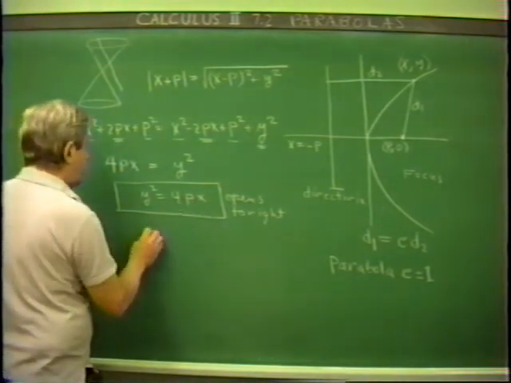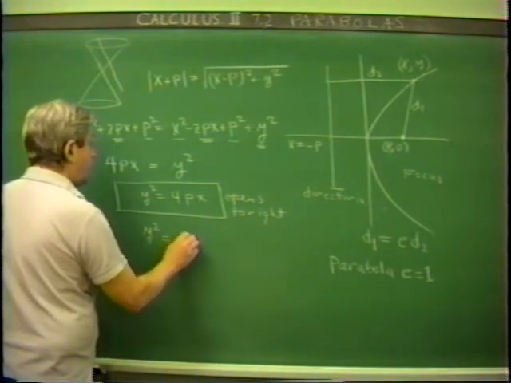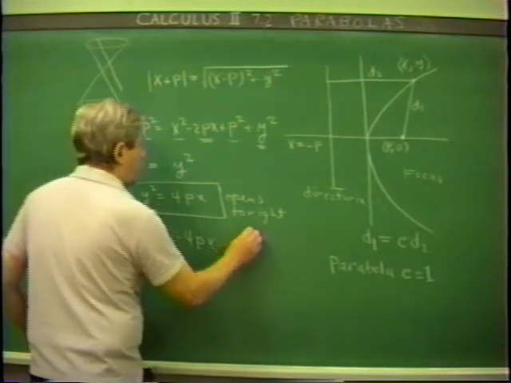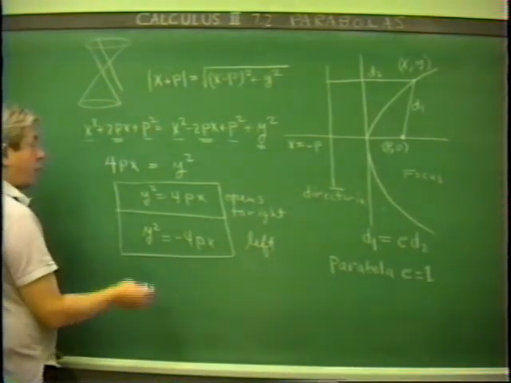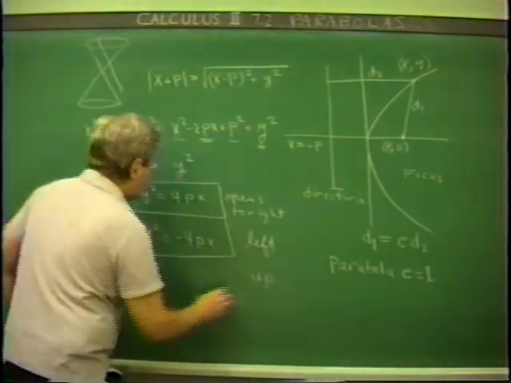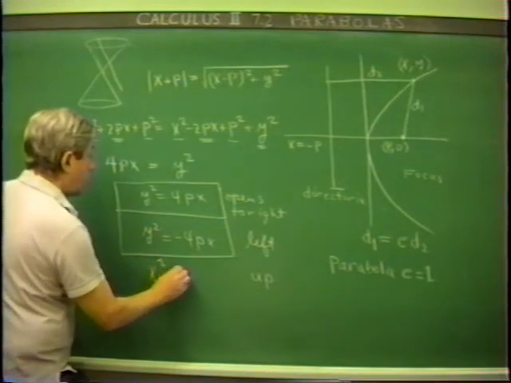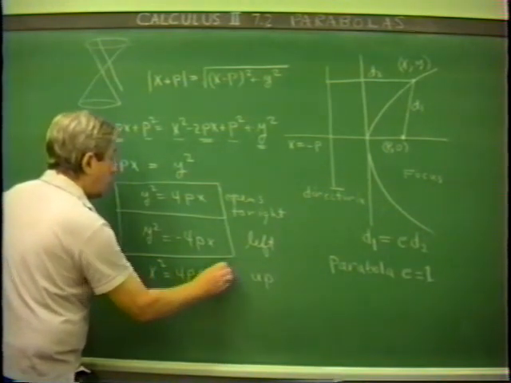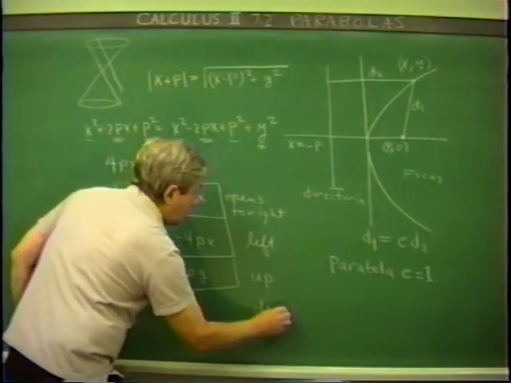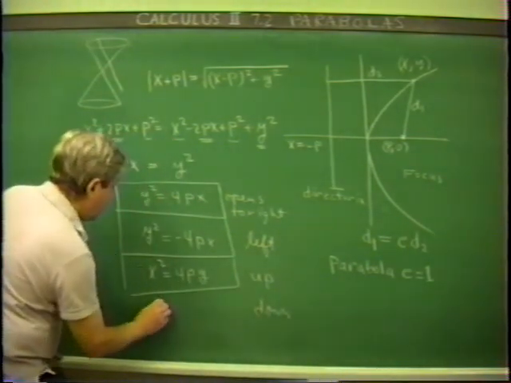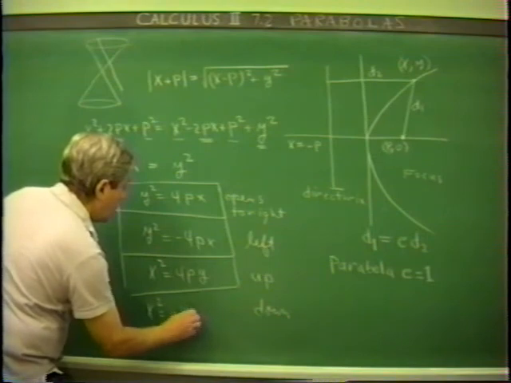If you wanted this opening to the left, the equation would be y squared is equal to minus 4px. The one which opens up is x squared is 4py. The one which opens down is x squared equals minus 4py.